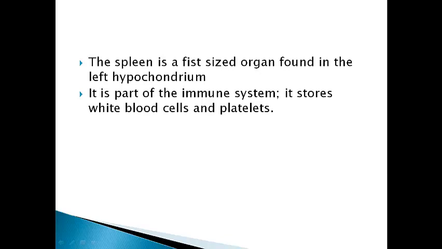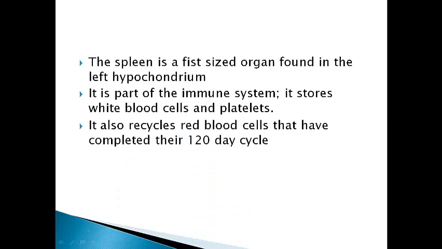It's in the area of the abdomen, so we take it as an organ in this region, but functionally it's actually a part of the immune system. What it does is that it stores white blood cells and platelets, and like we saw in the comic, it recycles the red blood cells. If they've completed their 120-day cycle, the spleen destroys them, and then they can be regenerated from other places.